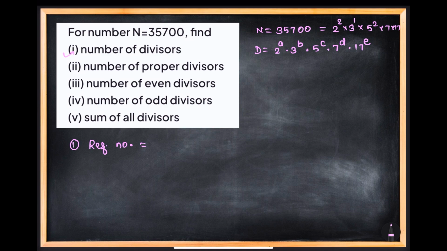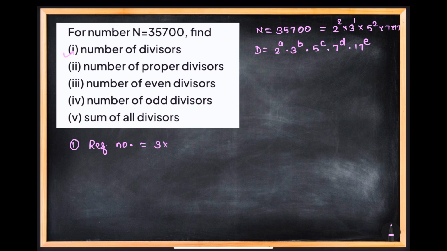Yes, if 2 power 0, then it is 1, so 1 can divide it. A can take 1, yes, because the numerator has 2 power 2. If A becomes 1, it is 2, which can divide, and A can also take 2. So for A you have 3 choices. Do you think your task is completed? No, you have to multiply.